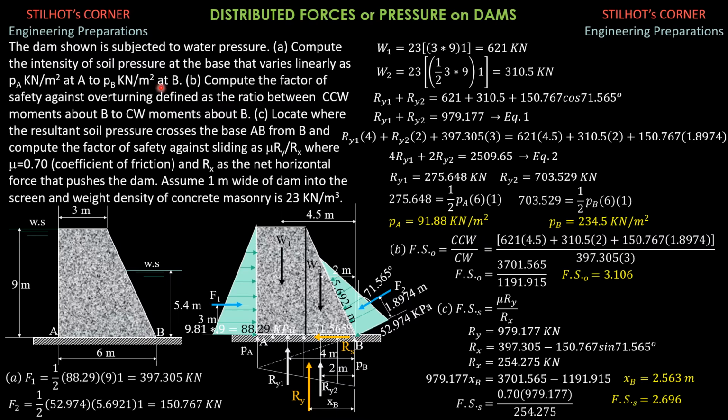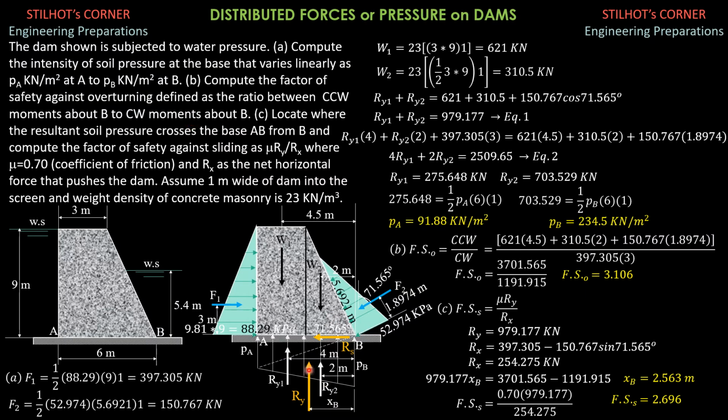Letter B, compute the factor of safety against overturning defined as the ratio between counterclockwise moments due to these active forces and clockwise moments about B. Also the active force about B, the pushing force that will cause counterclockwise moment.